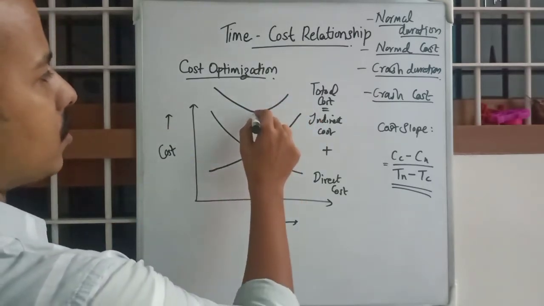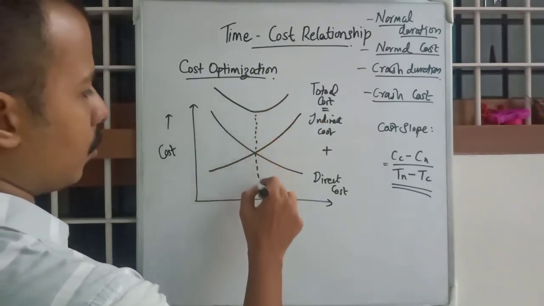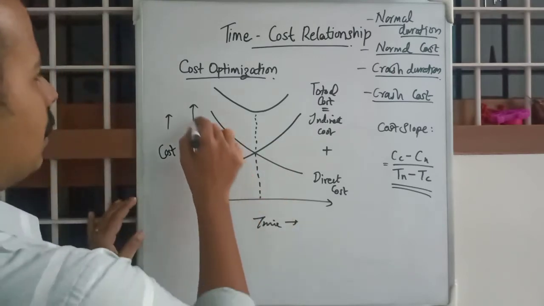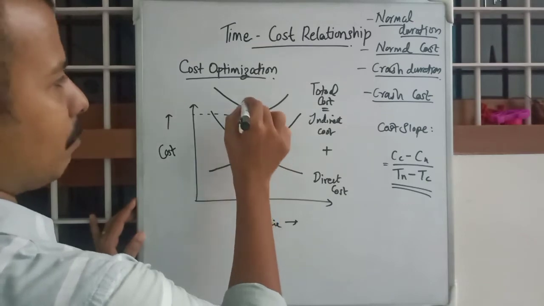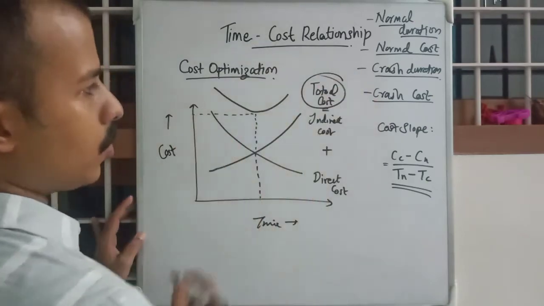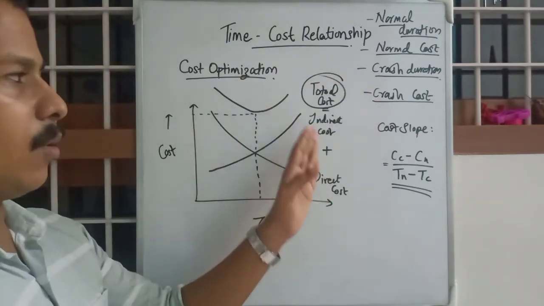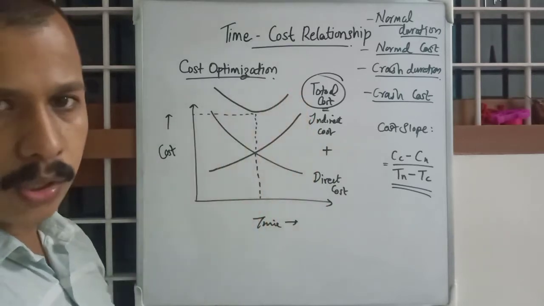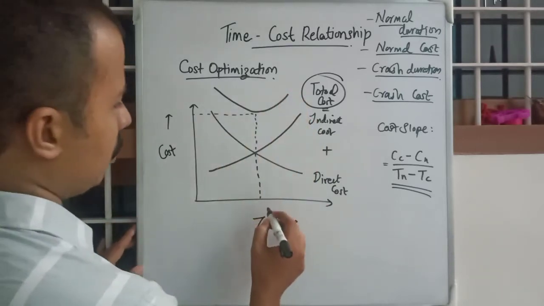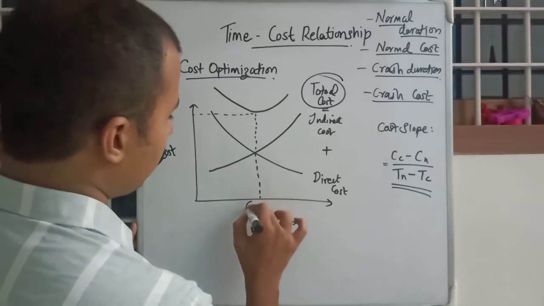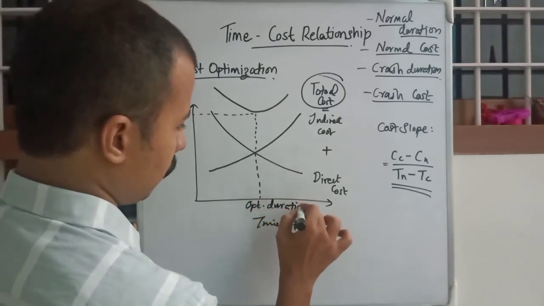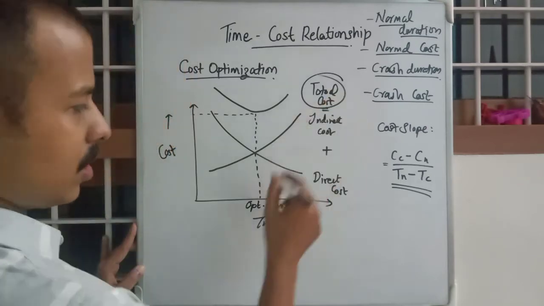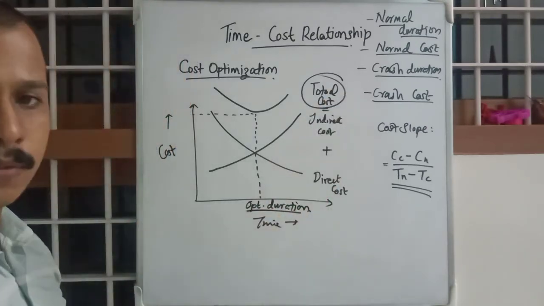And this portion, where you will have the minimum total cost, not direct cost, not indirect cost, the minimum total cost, is where you will get the optimum duration, not crash duration, optimum duration of the project.